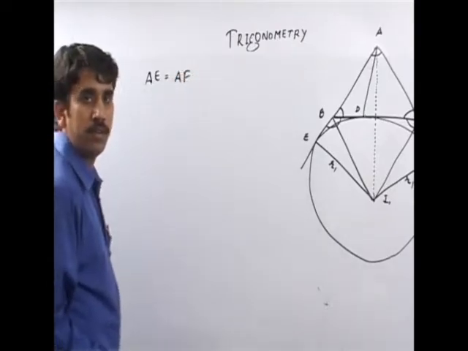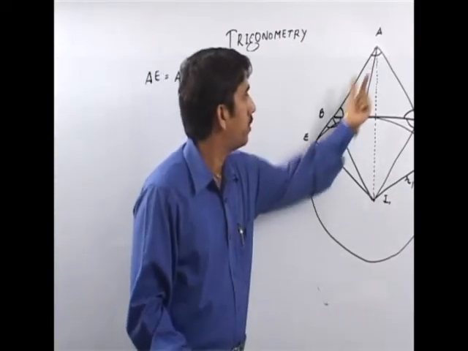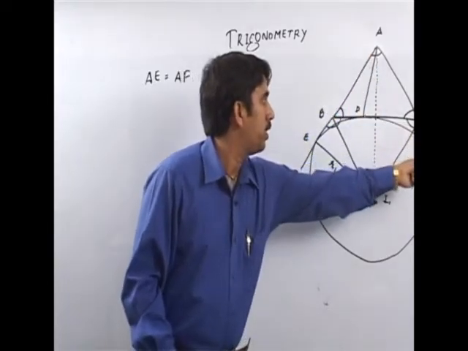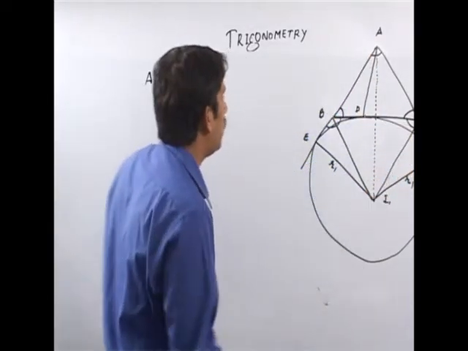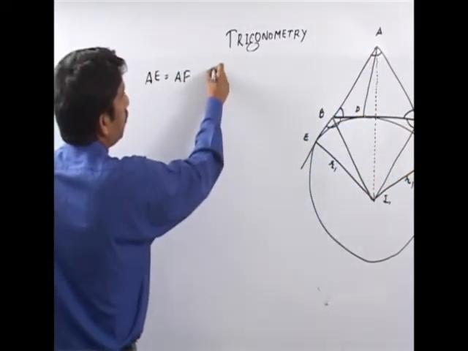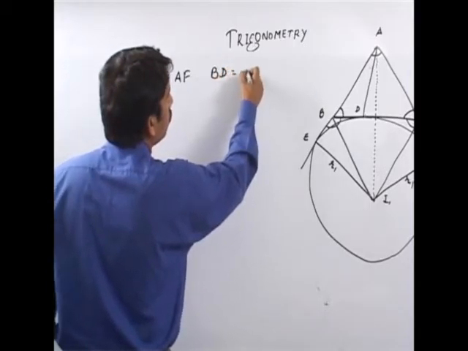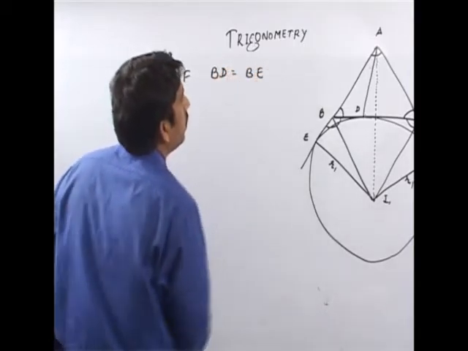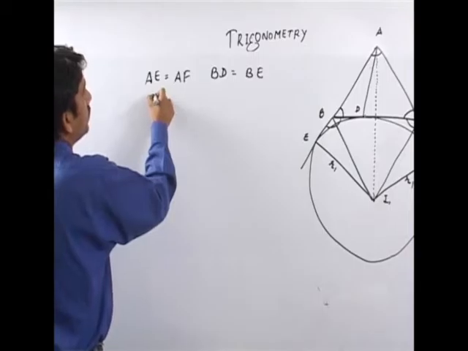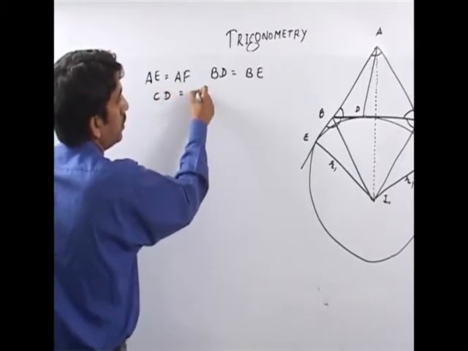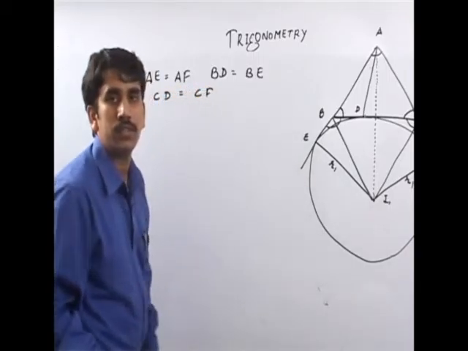AE is equal to AF. Similarly, here BD is equal to BE and CD is equal to CF.